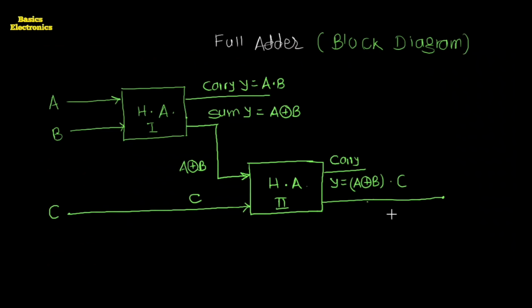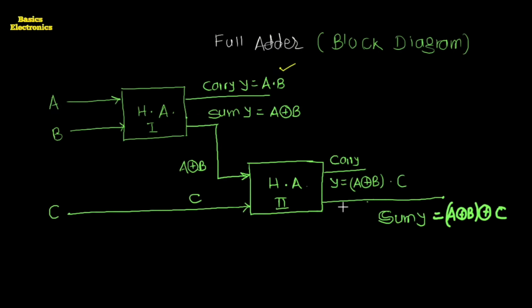Here I write the sum output equation: Y equals (A XOR B) XOR C, or directly we can write A XOR B XOR C. Now we have two carries. The first carry is A dot B, and the second carry is (A XOR B) dot C.